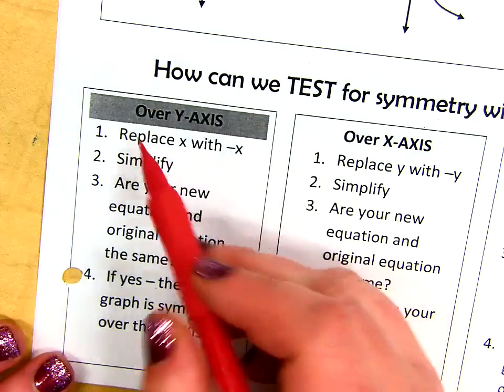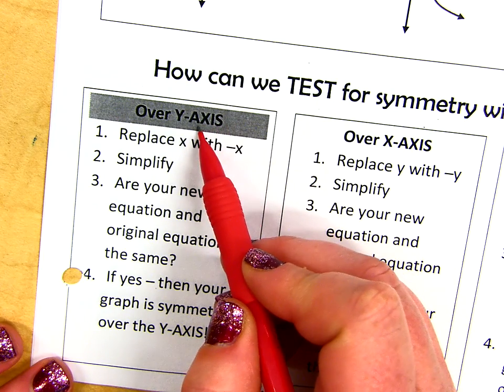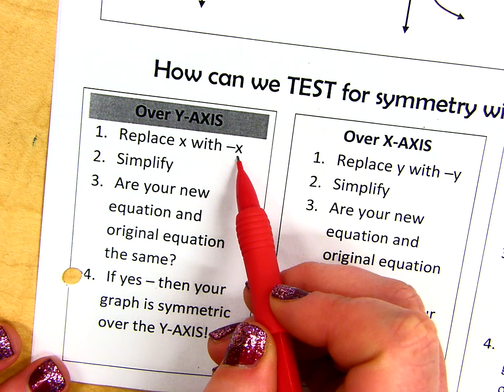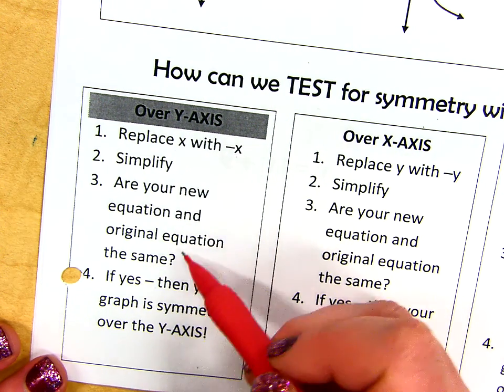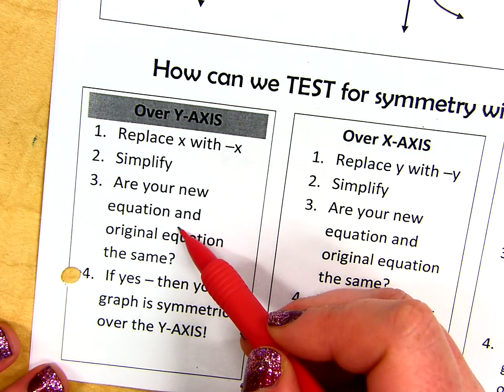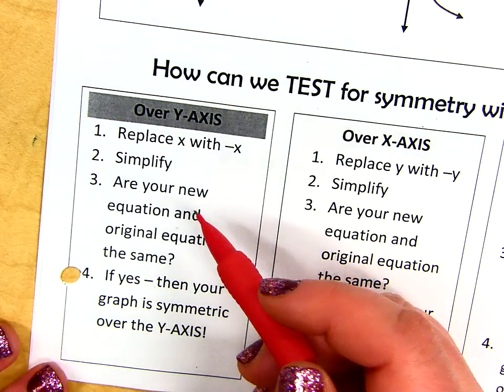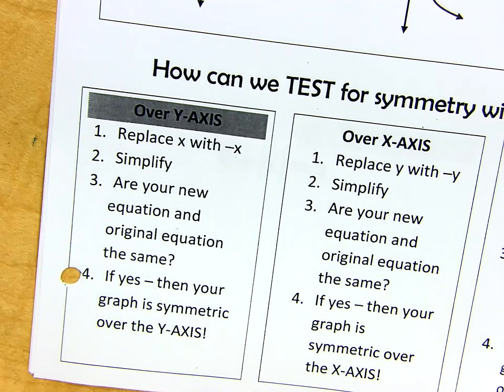If you want to test if it is symmetrical over the y-axis, all you're going to do is replace x with negative x, simplify your equation, and see if it matches the original. If they are 100% the same, then yes, this thing could be folded over the y-axis and they're going to match up perfectly. Okay, we'll do some examples in a second.